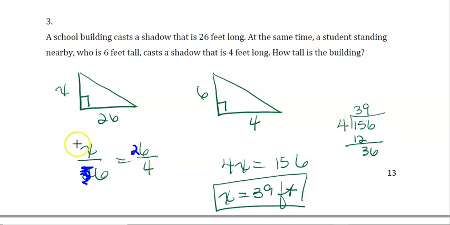Okay, so now that we fixed the fraction equal to fraction, here are your cross products. So 4x is going to equal 26 times 6. Do that math. I've done it for you over here. I get 156 equals 4x. Divide both sides by 4, and I have found the height of the school building to be 39 feet.